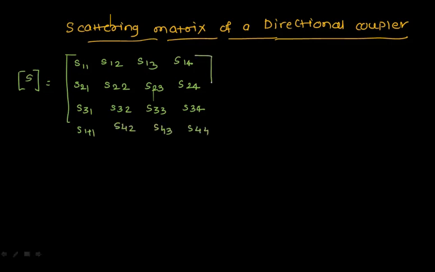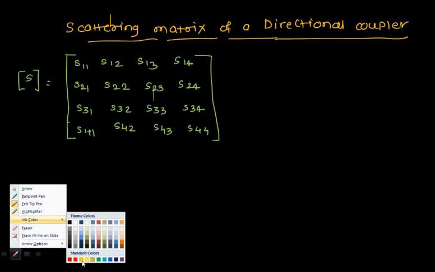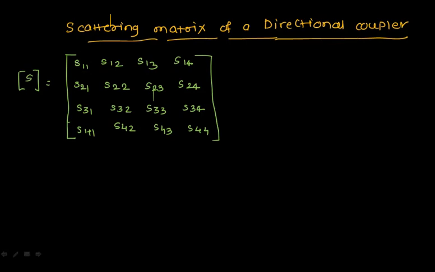Now here we are going to assume that each and every port is perfectly matched, or terminated with a matched termination. So you can write S11 is equal to 0, S22 is equal to 0, S33 is equal to 0, and S44 is equal to 0.